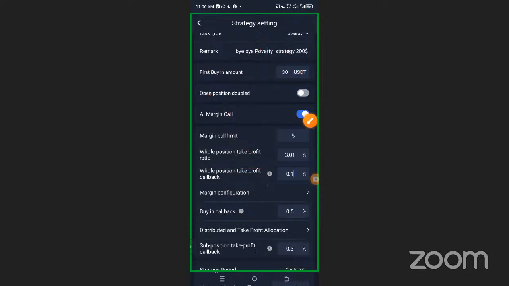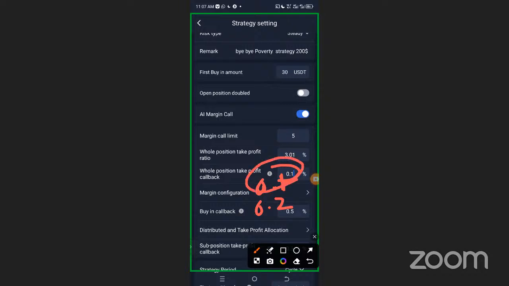Let me show you an incident. For example, here, I have told you to put 0.1. Someone can change the settings and put 0.2. Me, who has put 0.1, I will come out of the market faster than you who has used 0.2. Because what are you commanding your robot to do?